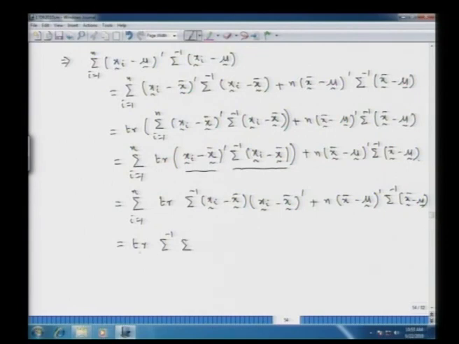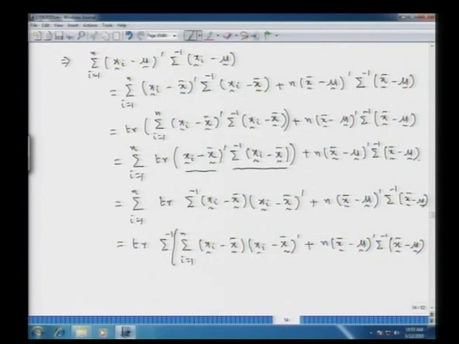So what we have is trace of sigma inverse, summation i equal to 1 to n (xi vector minus x bar vector) multiplied by (xi vector minus x bar vector) transpose, plus the second term carried forward as it is: n times (x bar vector minus mu vector) transpose sigma inverse (x bar minus mu vector).